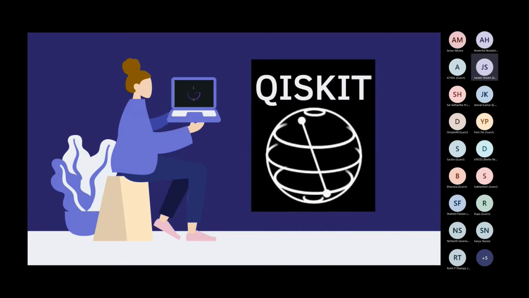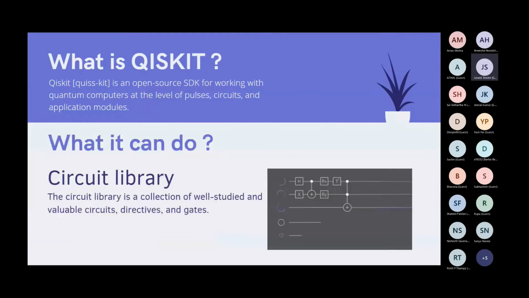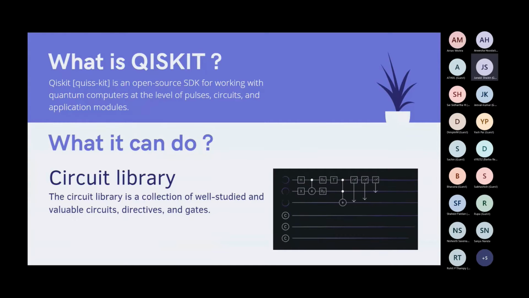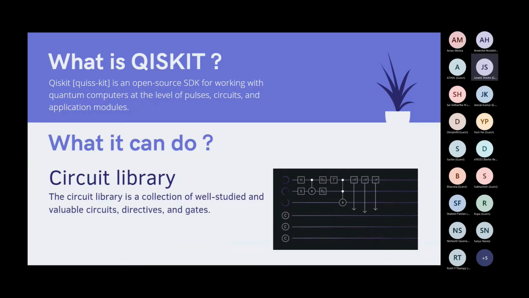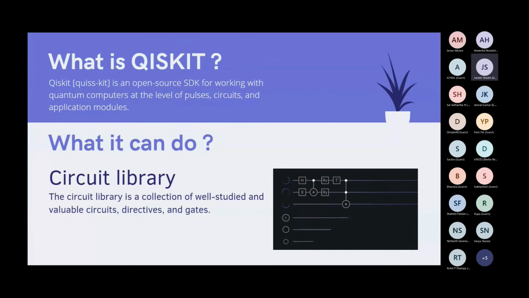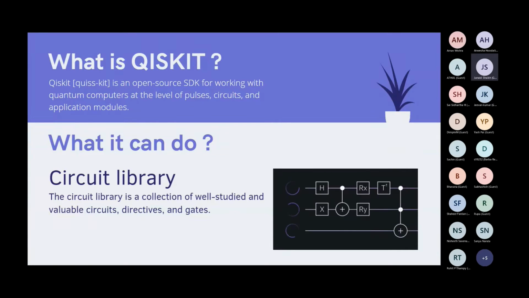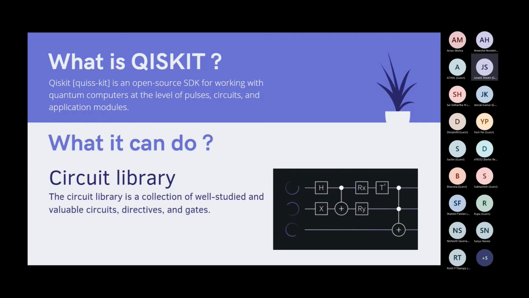So Qiskit today. What is Qiskit? So Qiskit is a software development kit developed by IBM researchers, where we can work with different circuits, gates, application modules, and some very vast packages, where we can deploy hands-on quantum algorithms.